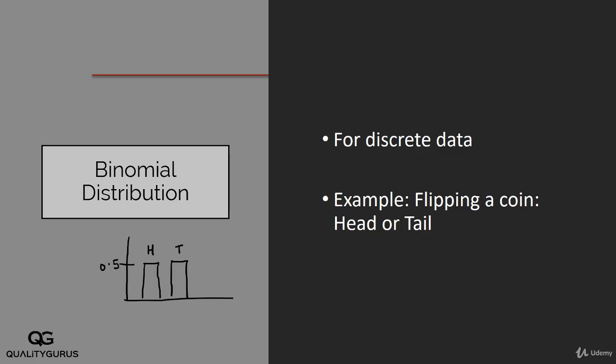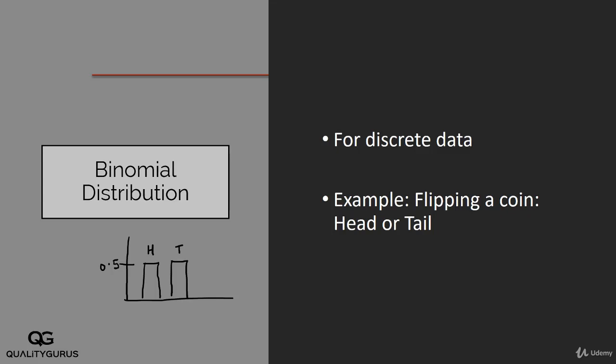But let's say I flip two coins now. The chance of getting two heads, two tails, or one head and one tail, we need to calculate that. Once we flip two coins, the chance of getting two heads is 0.25. There is a 1/4 chance that you get two heads and a 1/4 chance that you get two tails, and then there is a 0.5 probability, or 50% chance, that you have one head and one tail.